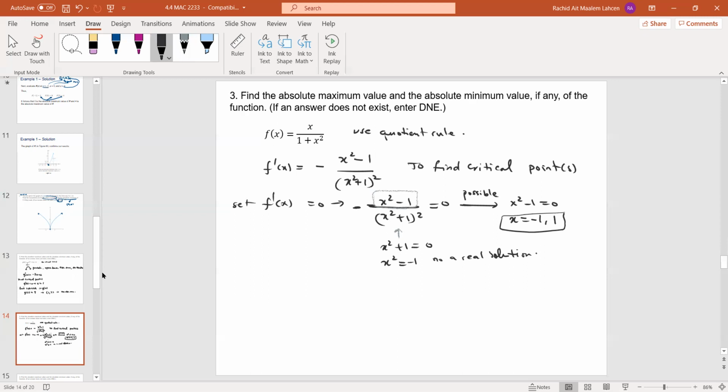So remember, we don't have an interval here. So we can say let f of -1, that's -1 over 1 plus -1 squared, it's -1/2, and f of 1 is going to be 1 over 1 plus 1 squared, that's 1/2, right?